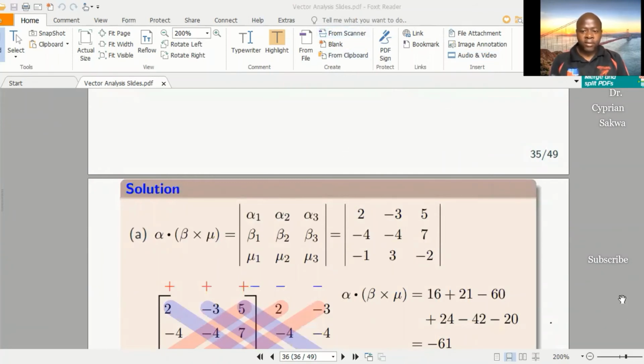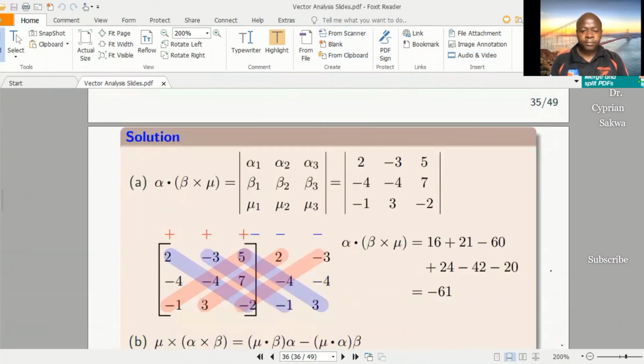Just as in the previous example, I found the determinant of the coefficients of these vectors: alpha 1, alpha 2, alpha 3, beta 1, beta 2, beta 3, mu 1, mu 2, mu 3. I find the determinant of this matrix using the simplest way.